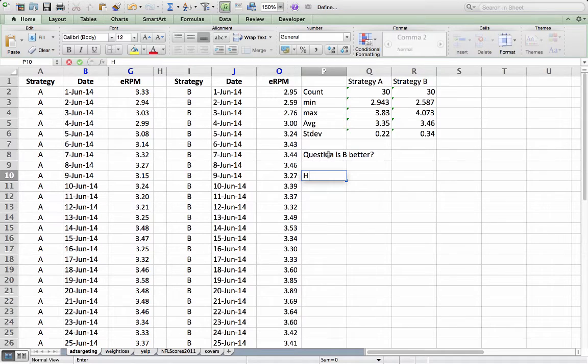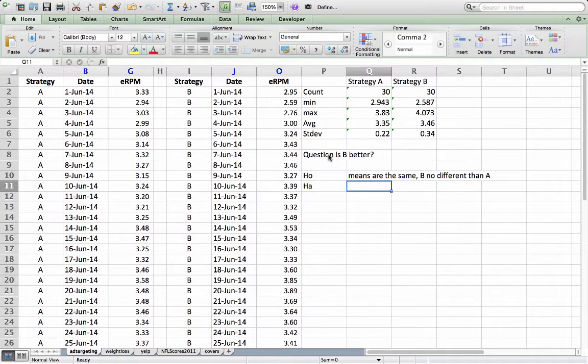So our null here, H0, is kind of that the means are the same, right? So strategy B, no different, right, than A, right? And now we think about our alternatives, right? So we could have means are different.